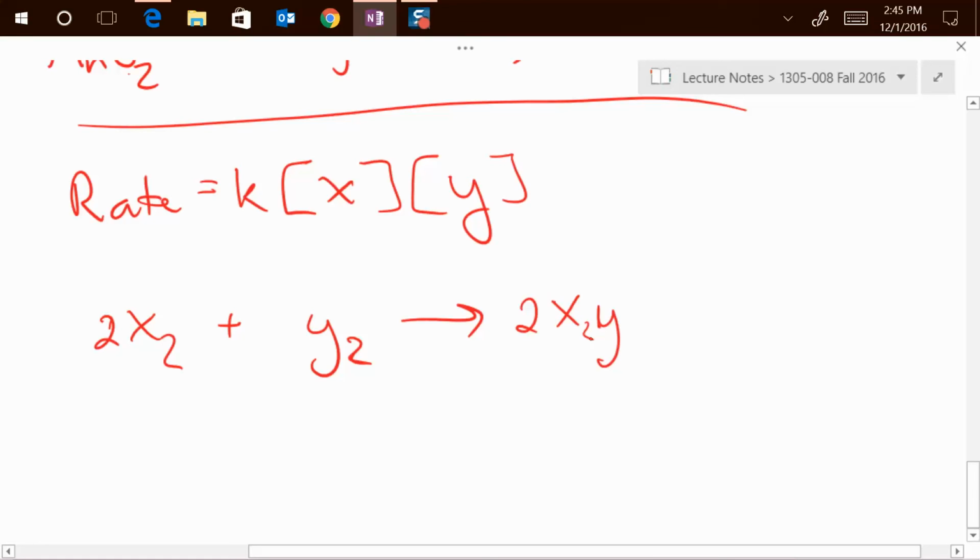Okay, so let's say I have this equation. I want to find the rate of this equation. So I balance it, right? And here's my rate expression.